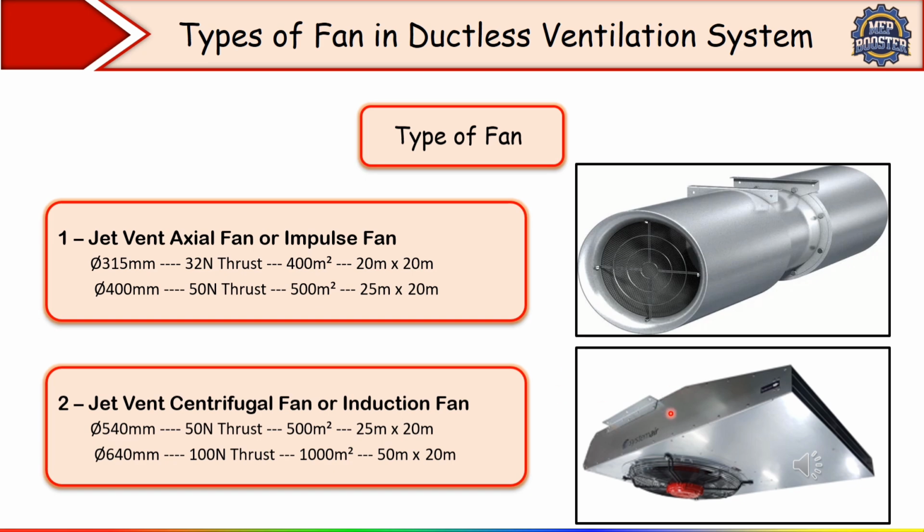If you are using a 50 Newton thrust centrifugal fan, one fan can cover 500 square meter area. If you use a 100 Newton thrust fan, one fan can cover 1000 square meter area, and the diameter is 640 mm. So generally we use the jet vent centrifugal fan for exhausting a high amount of airflow. This is about the types of fan.